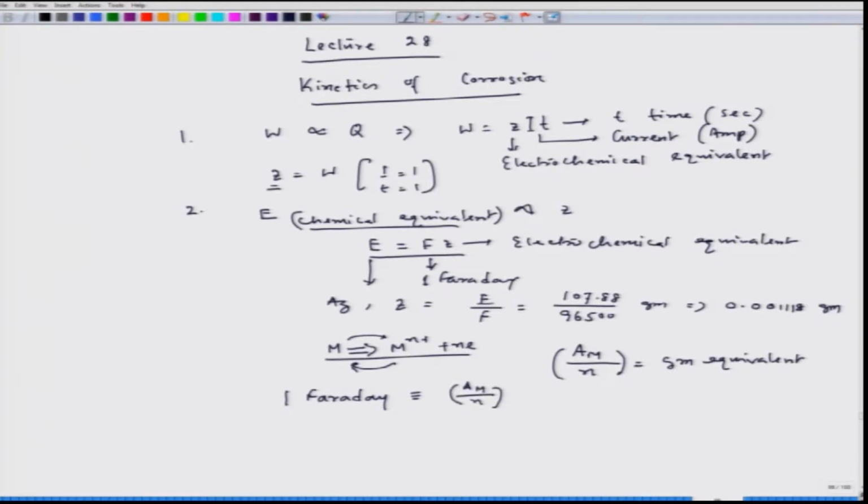That means, this is the E value of metal or chemical equivalent of this metal.